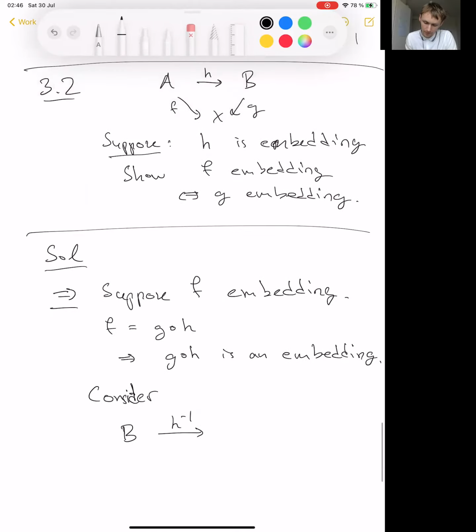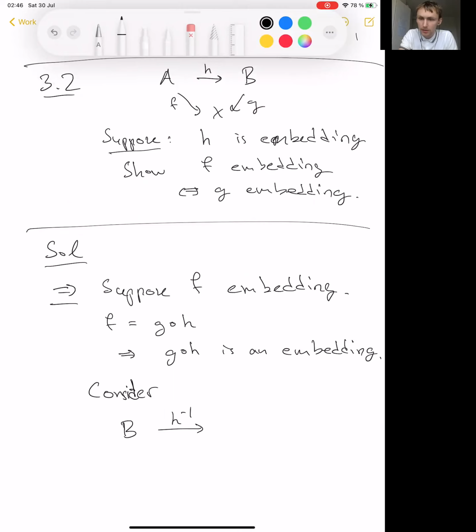I'm sorry, what was my assumption again? H inverse, where did this come from? I just had to double check the problem here. Am I supposed to assume that it's actually an equivalence? Because I've written H inverse. I don't see where that comes from.